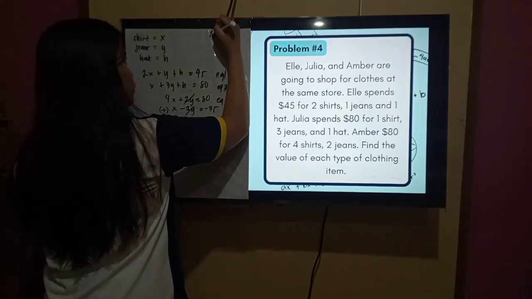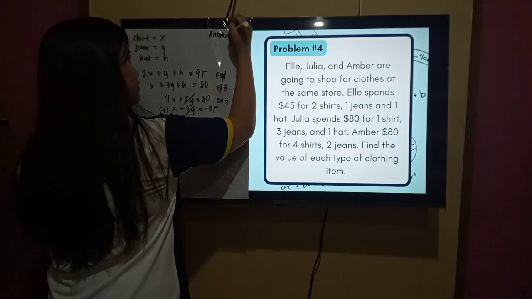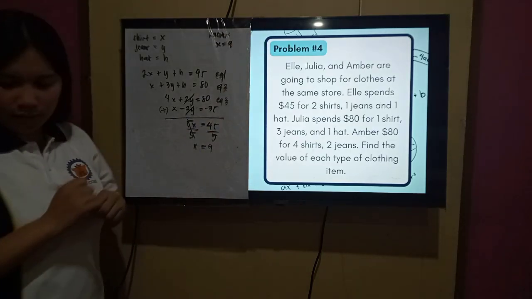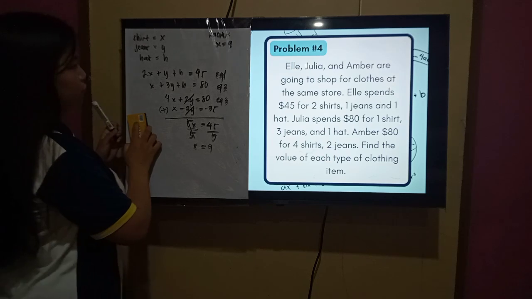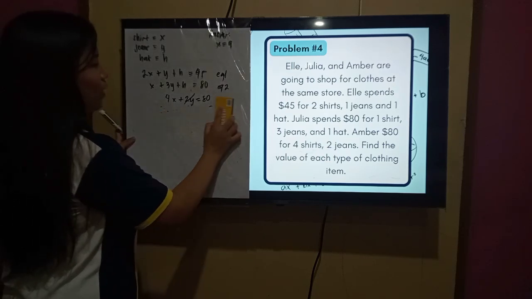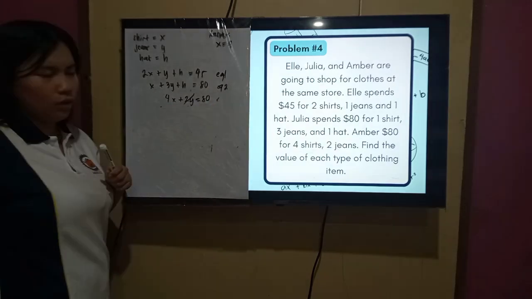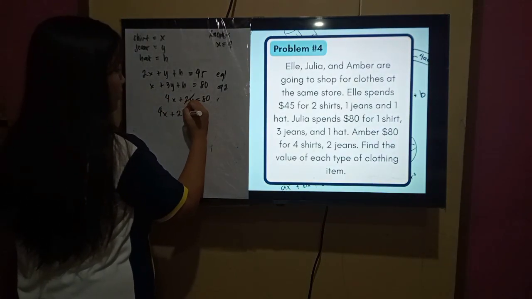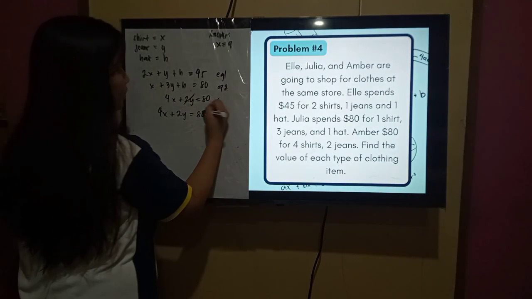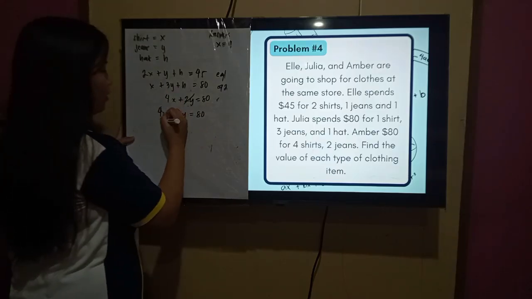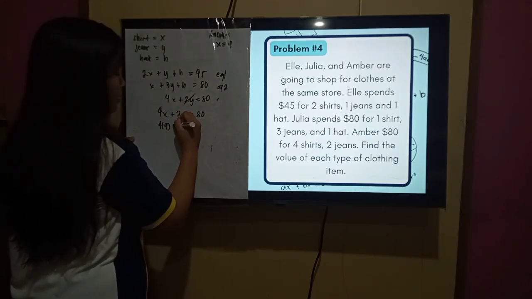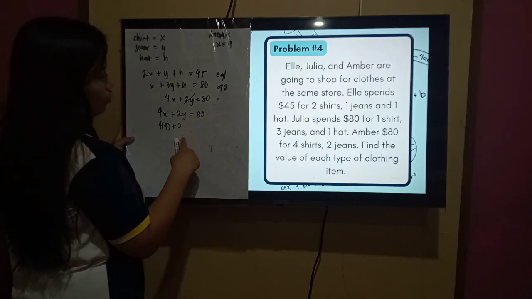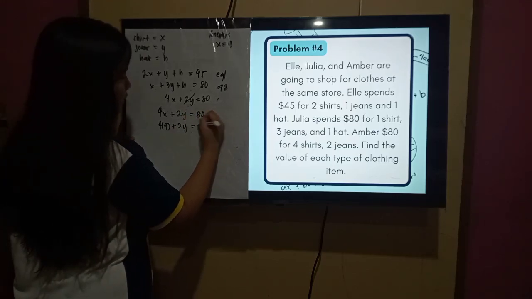So, let's write our answer here. X is equals to 9. Then, we're going to solve for Y. We can use this equation: 4X plus 2Y is equals to 80. The value of X is 9. 4 times 9 plus 2Y equals 80.